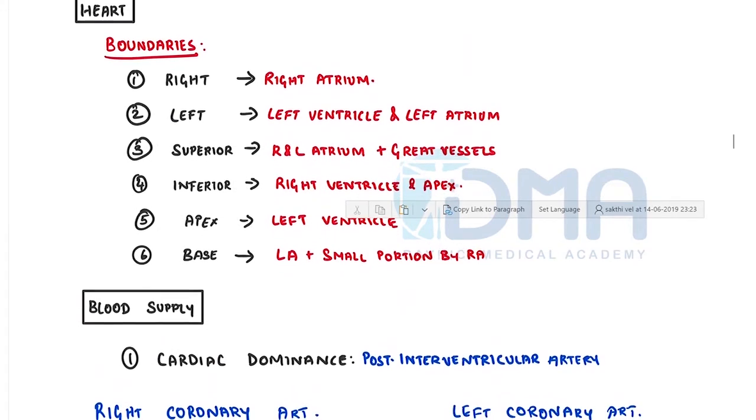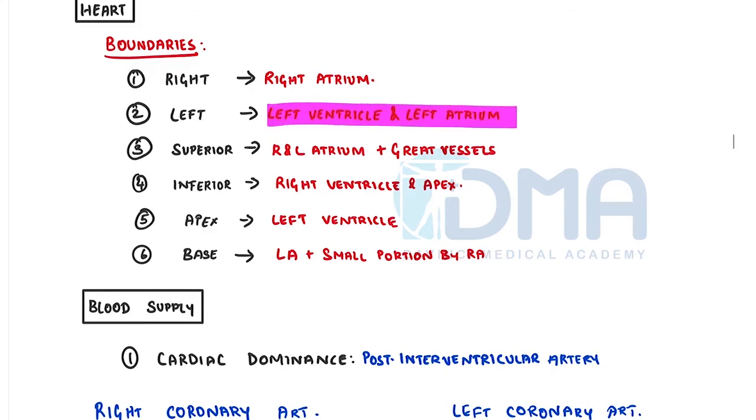The left boundary is formed by your left ventricle and left atrium, while the right border is formed by your right atrium. So right border, right atrium. Left border, left atrium plus ventricle.